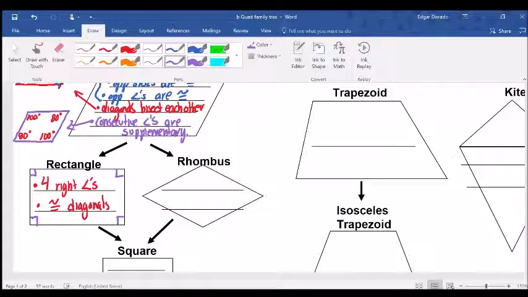But basically, characteristics that these have in special for rhombi is that it has congruent sides, meaning this side is the same as this side, is the same as this side, is the same as that side. And then finally, you have perpendicular diagonals.